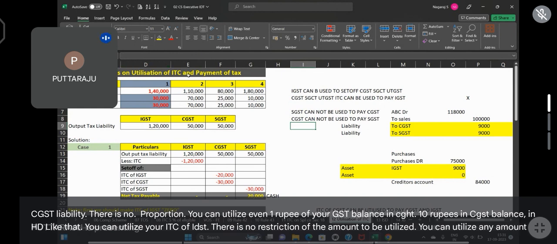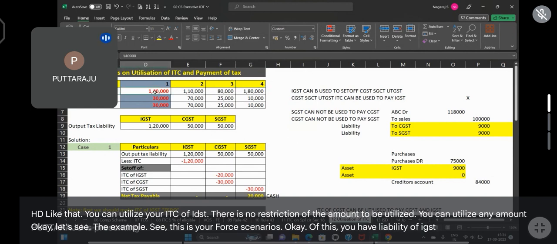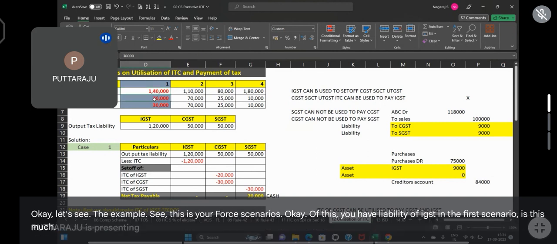Okay, let's see the example. See, these are your 4 scenarios. In the first scenario you have liability of IGST of this much, CGST 30,000, SGST 30,000. This is your output liability.